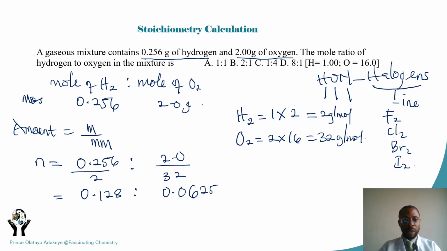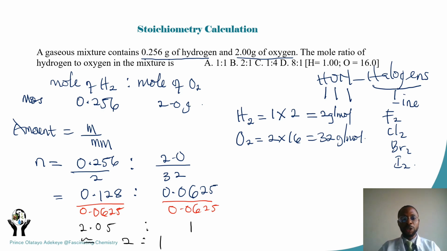So we divide both sides by the lower number, 0.0625. If you do that, this will give us a 1, and this one will give us 2.05, which is approximately 2:1, and that is the mole ratio of hydrogen to oxygen in that question.